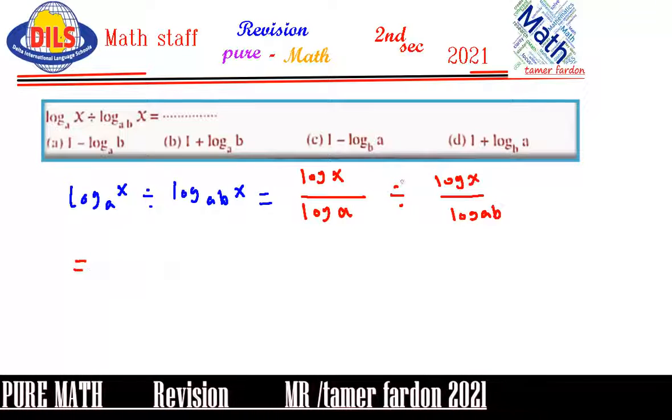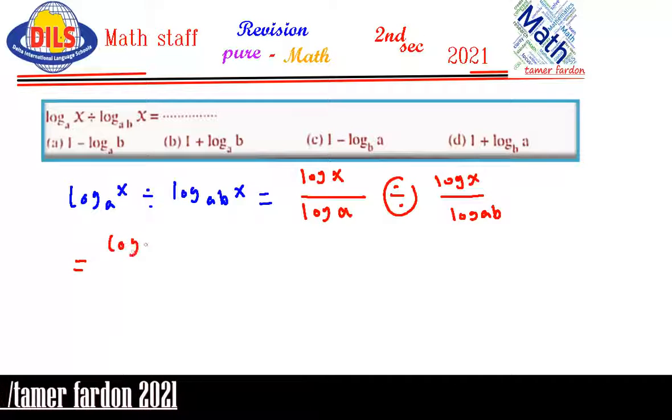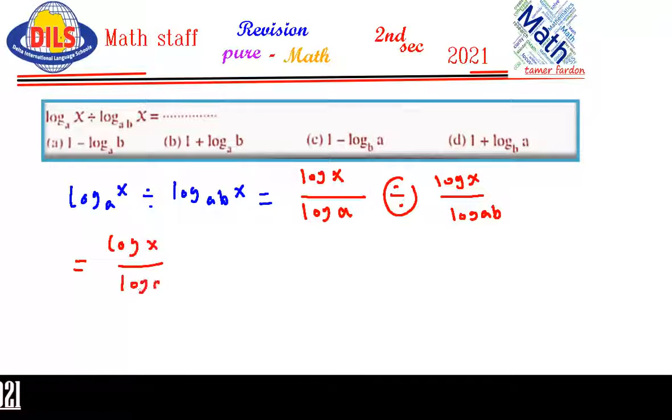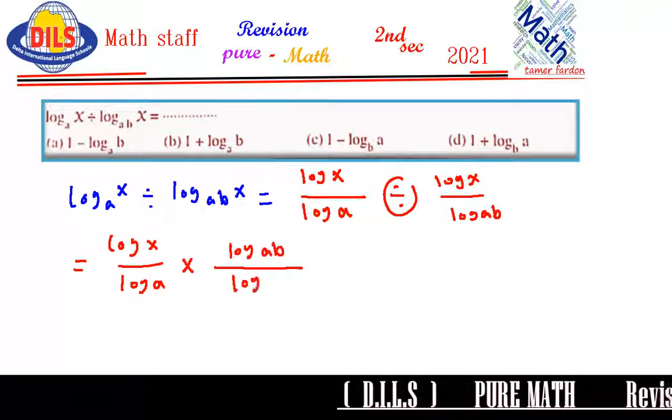We can convert divide to times as log x over log a times log ab over log x.